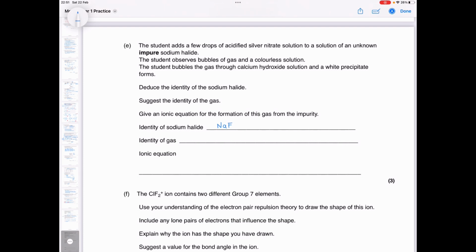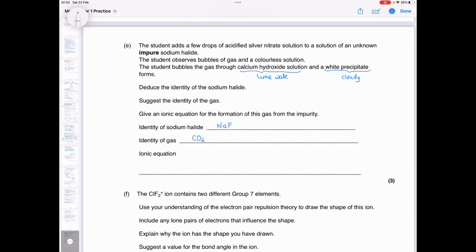The identity of the gas comes from the impurity, because it turns lime water, which is calcium hydroxide solution, and a white precipitate, going cloudy. So this is a gas that turns lime water cloudy, so it must be carbon dioxide.